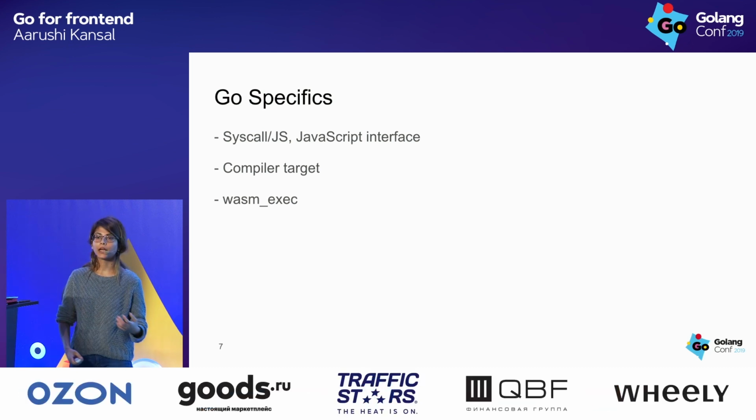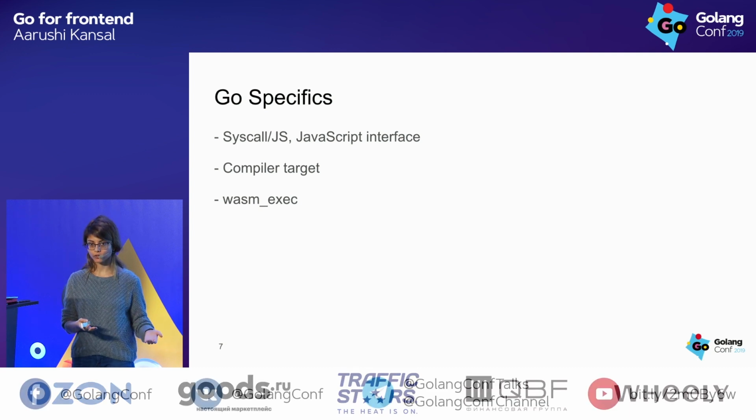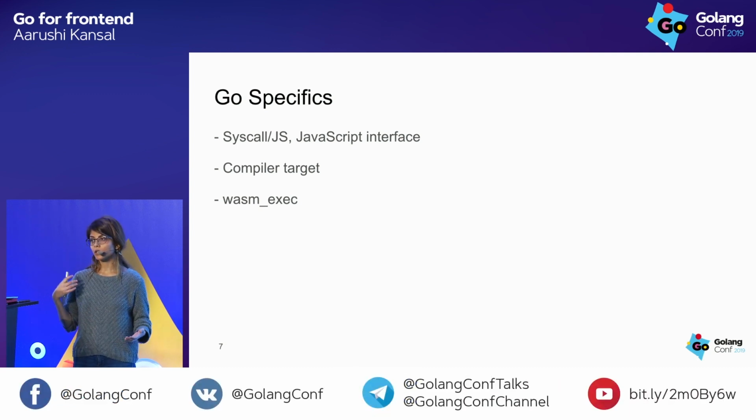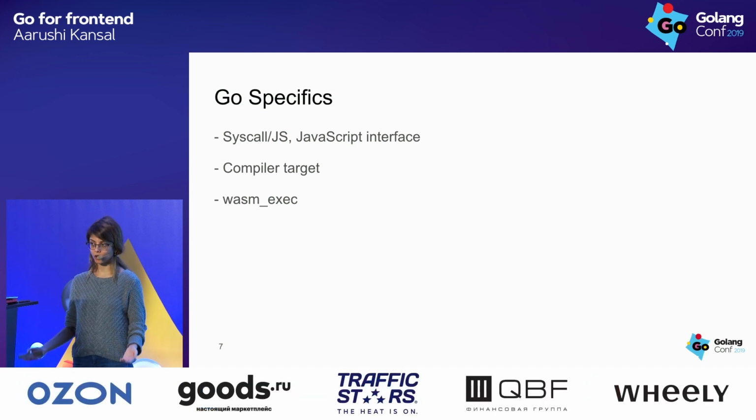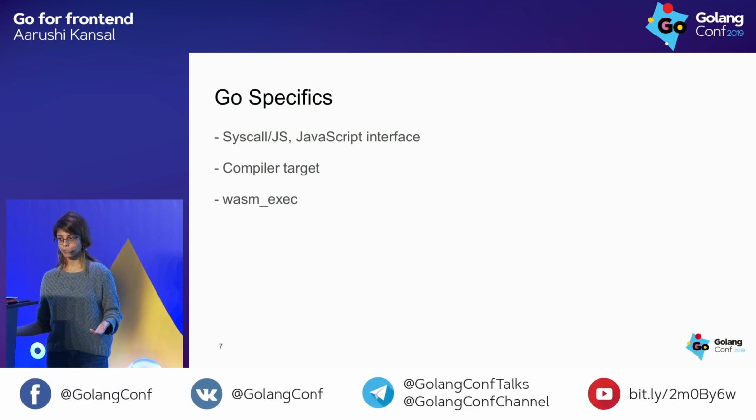So it introduces things like copy bytes to JS, which allows you to copy all of your Go values down to JavaScript. It sets up a function so that when you write print line statements, it maps that to your console log. It also does things like graceful error handling. So it takes your Go program's error codes and prints them out to the console for you.